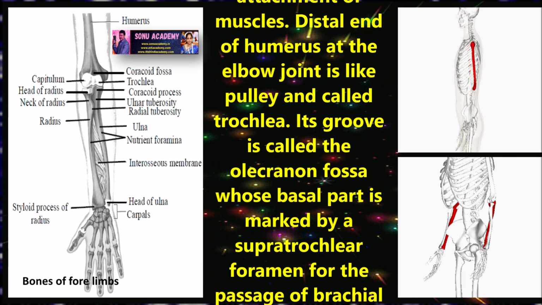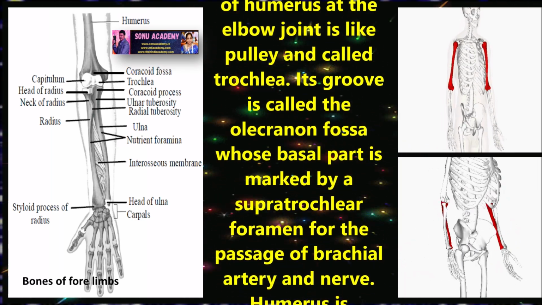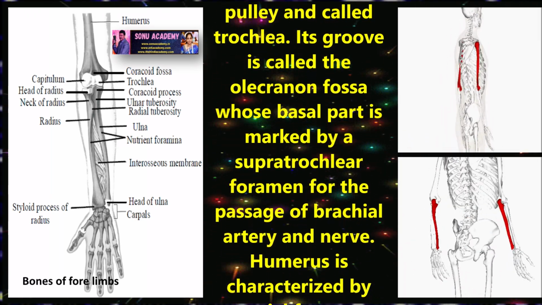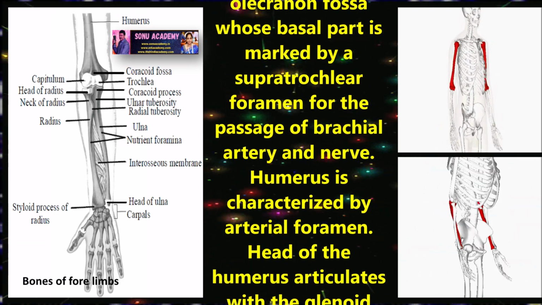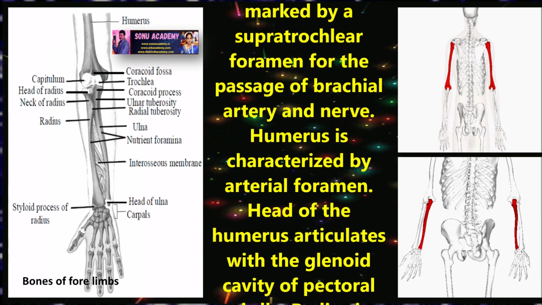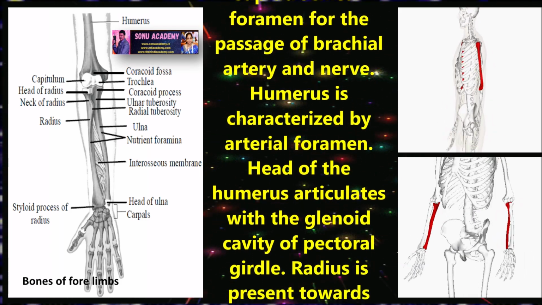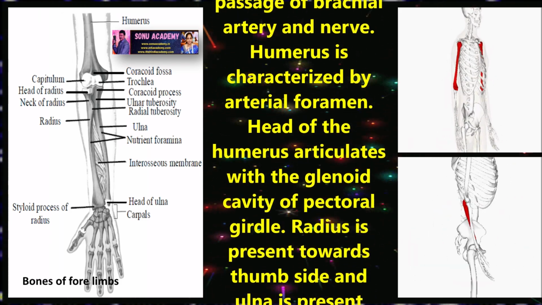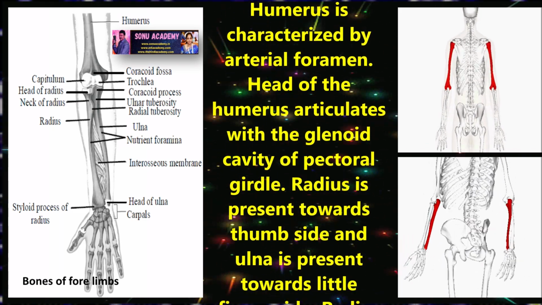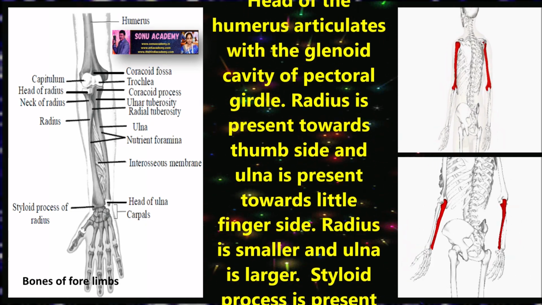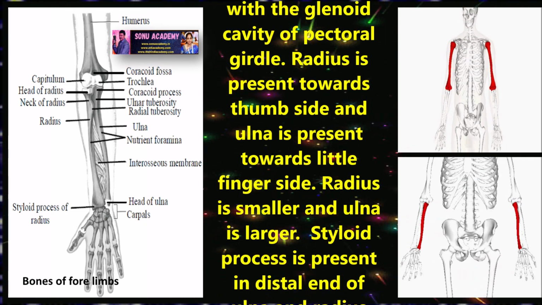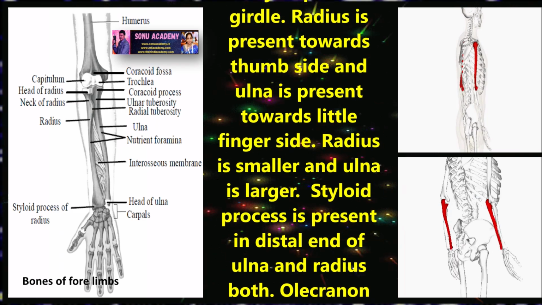The distal end of the humerus at the elbow joint is like a pulley and called the trochlea. Its groove is called the olecranon fossa, whose basal part is marked by the supratrochlear foramen for the passage of the brachial artery and nerve. The head of the humerus articulates with the glenoid cavity of the pectoral girdle.